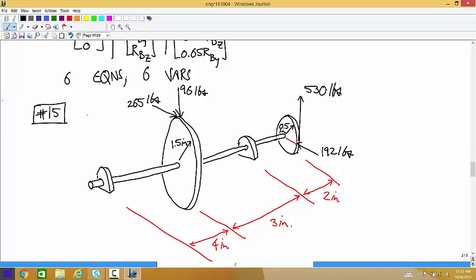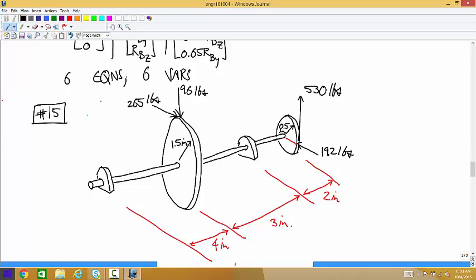Another funny thing about this problem is that these are pin joints, so they don't prevent any kind of rotation. If you have a non-zero moment about this axis, this thing's going to spin, and you don't have a zero moment.